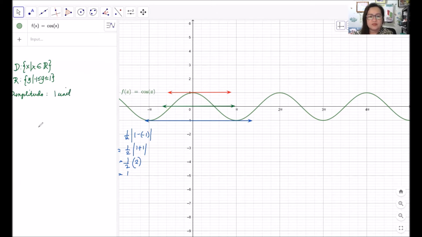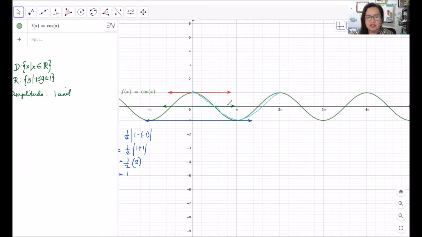Now, what about the period? To determine the period of the given function, we trace from this point. We shall have the tracing going down. Then we have up. Then we will stop at this point because after that, the pattern will be repeated.